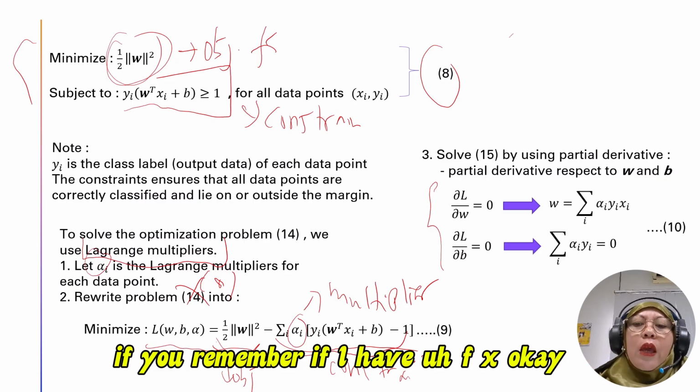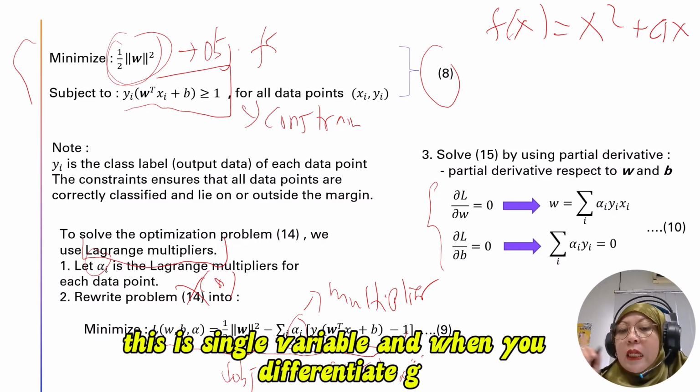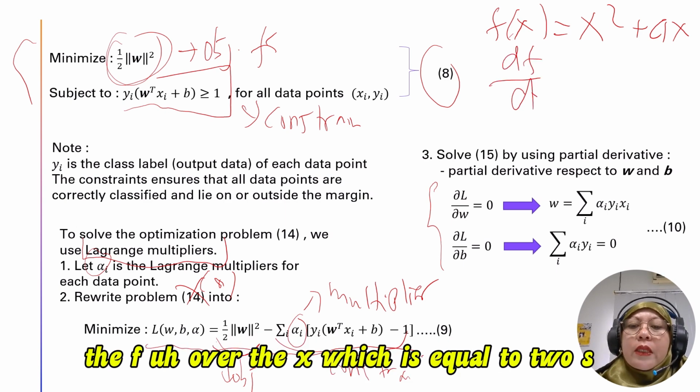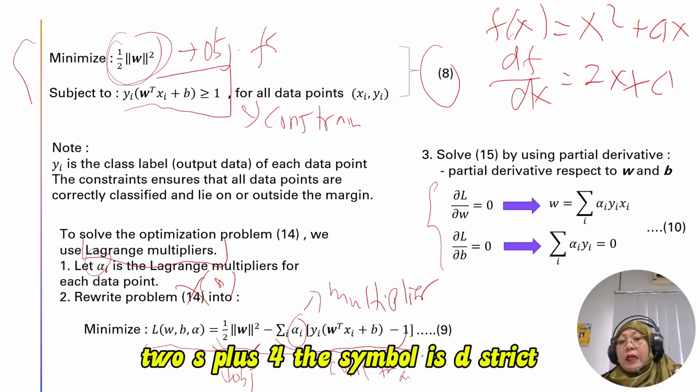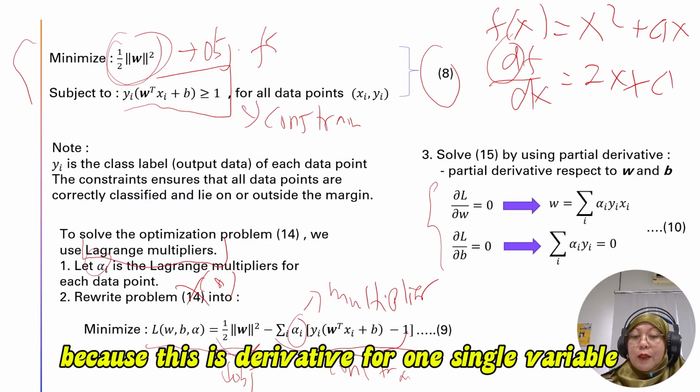If I have f(x) equal to, let's say, x squared plus 4x, this is a single variable, and you just differentiate it like this: df over dx, which is equal to 2x plus 4. The symbol is a straight d, because this is the derivative for one single variable.